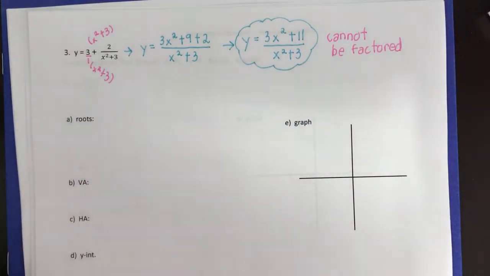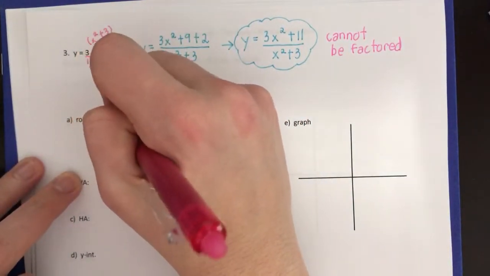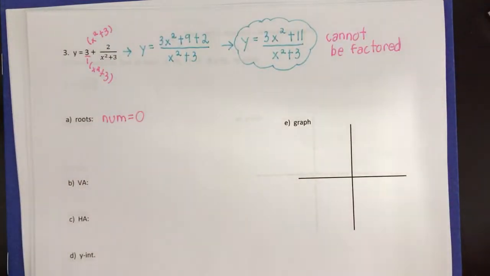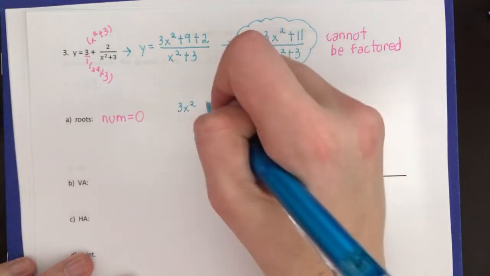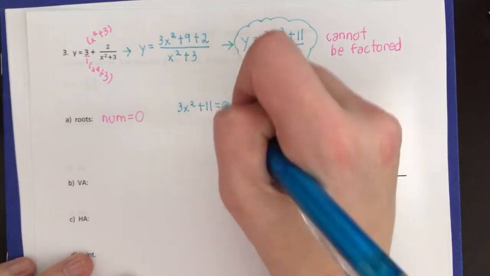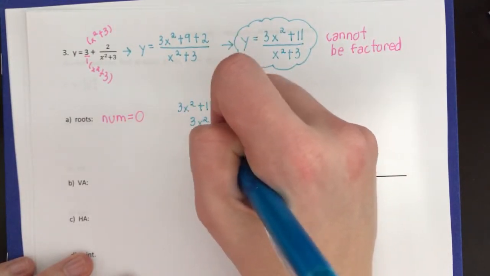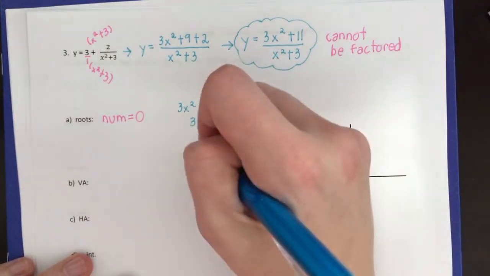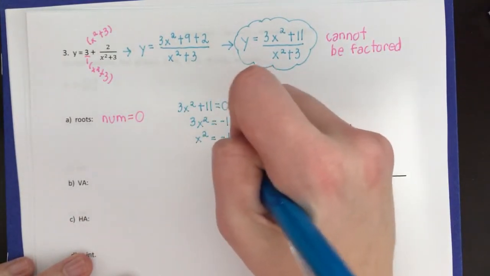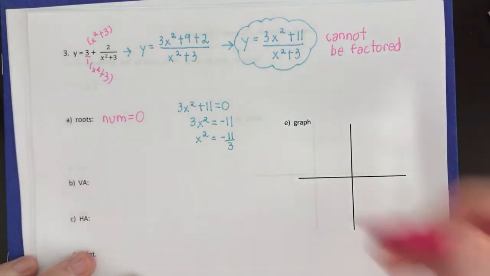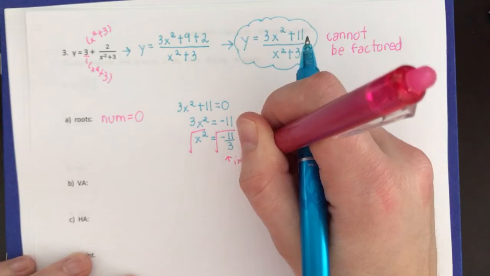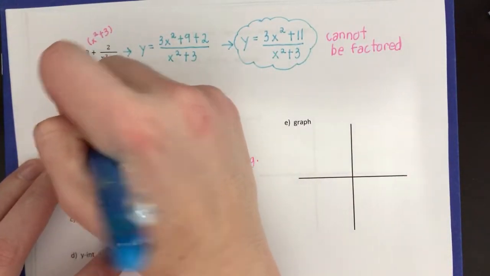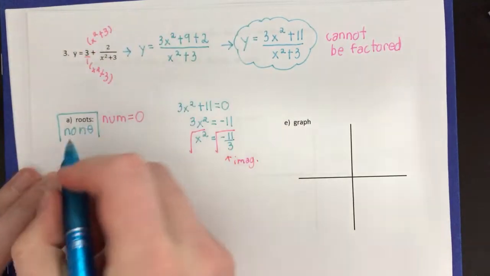Roots, numerator equal to 0. So 3x squared plus 11 equals 0. So 3x squared equals negative 11. Yes, you would want to divide by 3, but it doesn't really make much of a difference because you know when you square root, you're going to have an imaginary situation. So therefore, no roots.